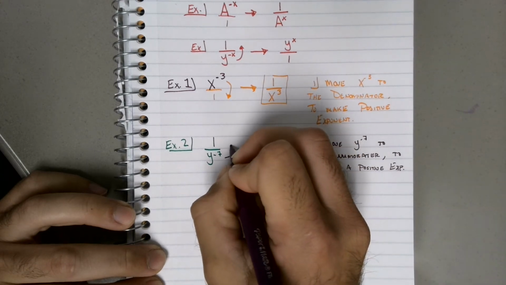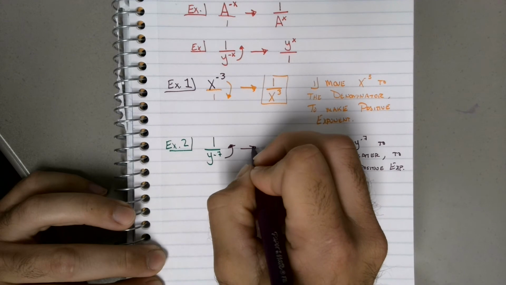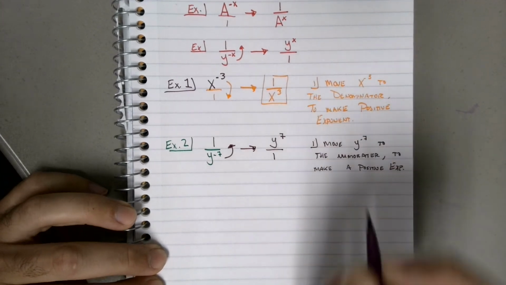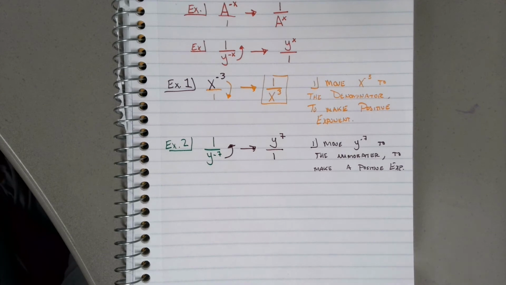So I would flip this up here, and once I move that up there, it just changes to y to the positive 7 over 1. Okay, it makes it positive.